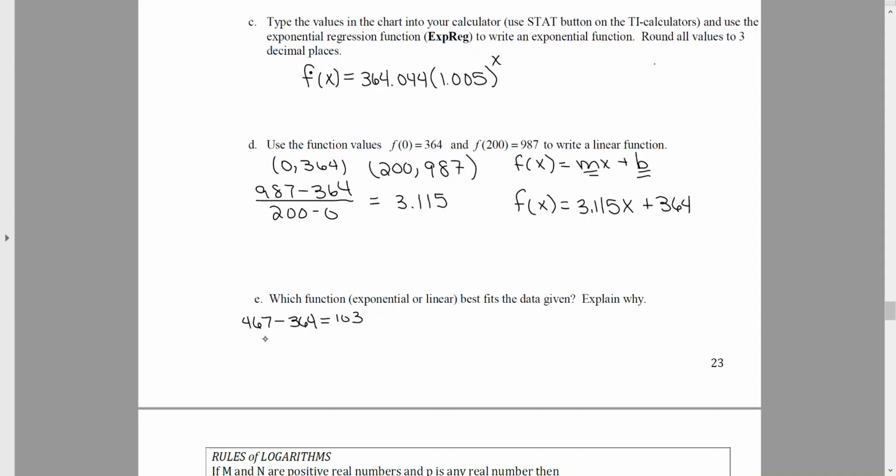And then if I take 600 minus the 467, I see a difference of 133. Not exactly the same number.